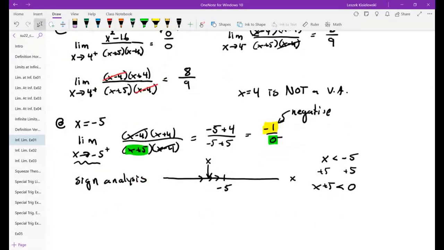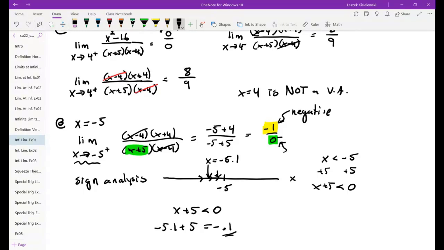Now, another thing you could have done is just look at the factor x plus 5 and choose a test point. So, for example, choose a value that's to the left of -5, like -5.1. If x is -5.1, then you get a negative number. So you can then imagine that x plus 5, where x is smaller than -5, is a quantity that's negative, because the test value became negative.